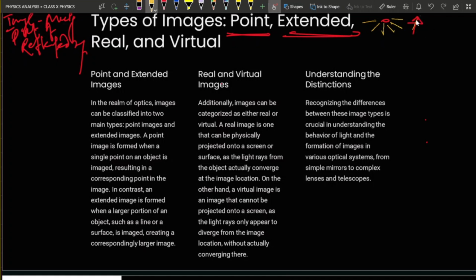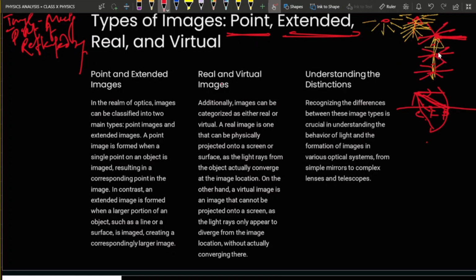And from an extended size object also, light is coming out in all possible directions from every point. Billions of light rays are coming out from every point present in this extended size image or object.